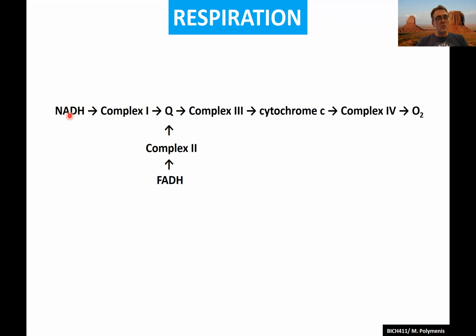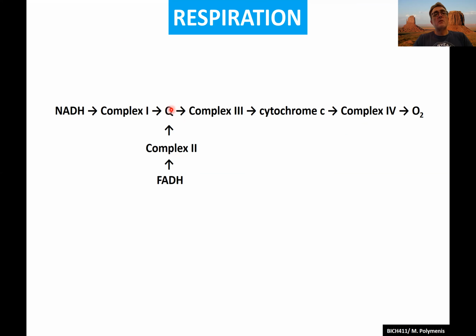If you have the electrons on FADH, and we saw how we get some in one reaction at the TCA cycle, then through complex 2, those electrons will find their way onto Q. Okay. Complex 1 does effect the transfer of some protons. Okay, so it is electrogenic, it will charge your battery, but complex 2 does not.